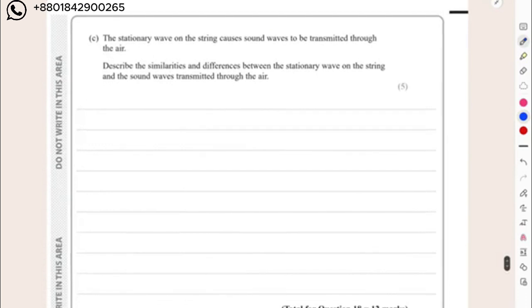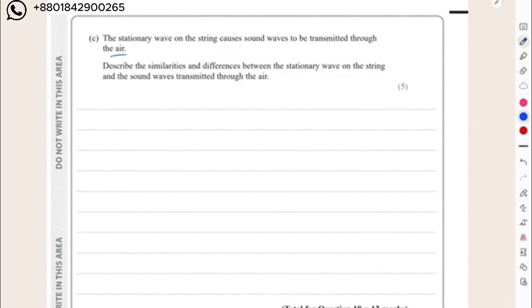The stationary wave on the string causes sound waves to be transmitted through the air. Describe the similarities and differences between stationary waves on the string and the sound waves transmitted through the air. Weirdly, they are providing 5 marks for it. Obviously, the stationary waves that are being created on the strings are transverse and the sound waves are longitudinal, right?